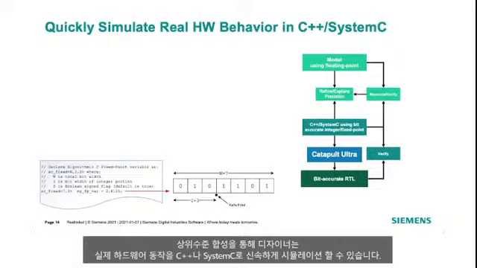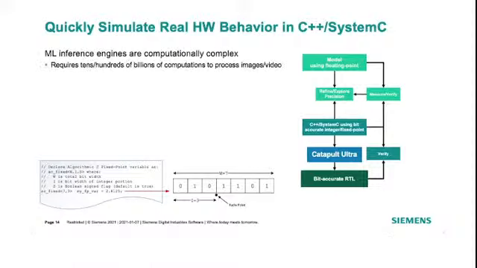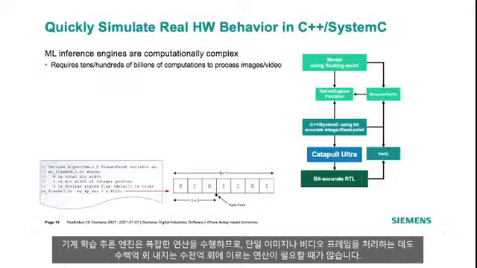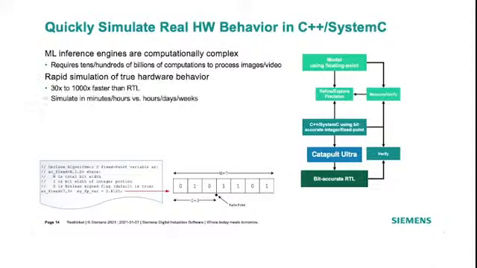High-level synthesis gives designers the ability to quickly simulate the real hardware behavior in C++ or System C. Machine learning inference engines are computationally complex, often requiring tens, if not hundreds of millions of computations to process a single image or frame of video.